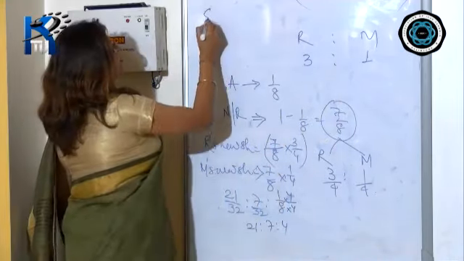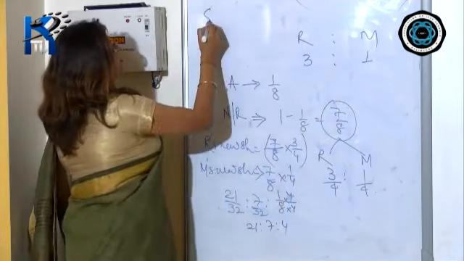Hence, over here, the sacrificing ratio will be 3:1. How do we know that? The leftover profits are taken over by R and M in the proportion 3:1. So, the sacrificing ratio will be 3:1.